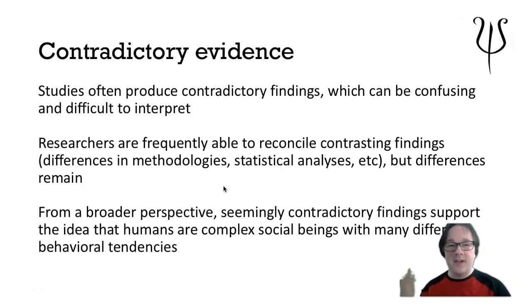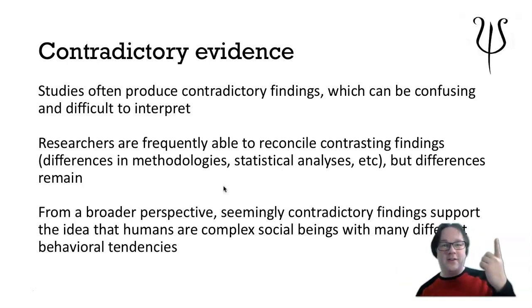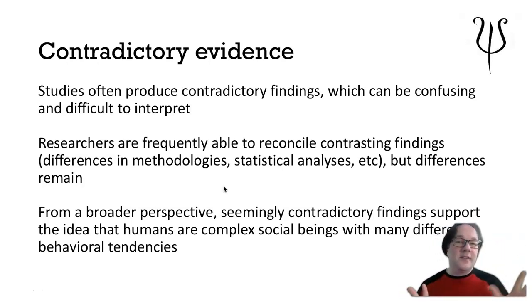For every study I can find saying one thing, I can find another that says the opposite, and probably a third that says something completely different than those other two studies, and so on and so forth. So studies often produce contradictory findings, which can be confusing and difficult to interpret. And yeah, sometimes that will drive you crazy. You're like, how do I make sense of this, right?